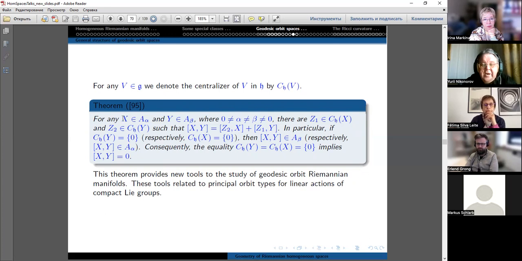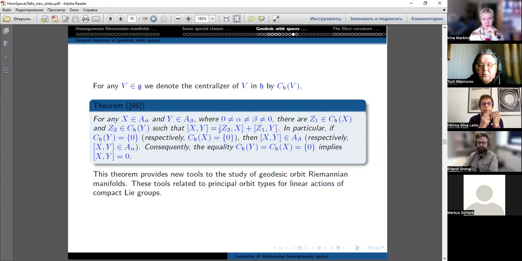For example, if we have two vectors X and Y from different eigenspaces of operator A, and then there are some vectors Z1 from the centralizer of vector X in H, and Z2 from the centralizer of vector Y in H, such that we have this equality.